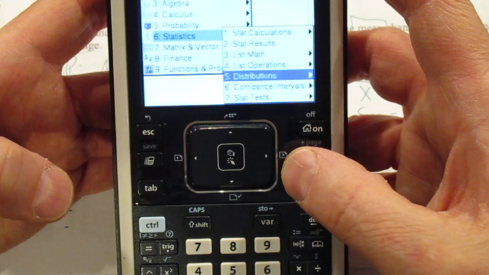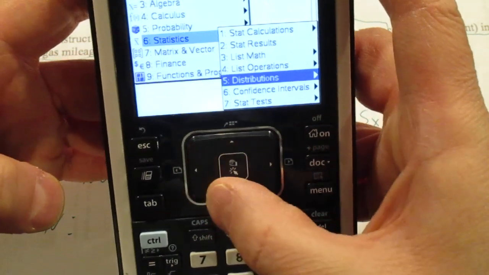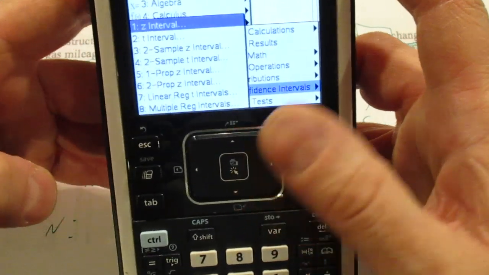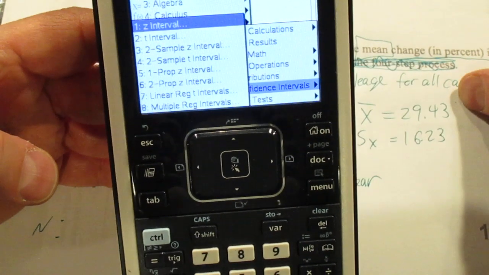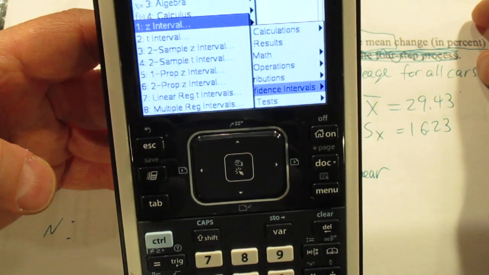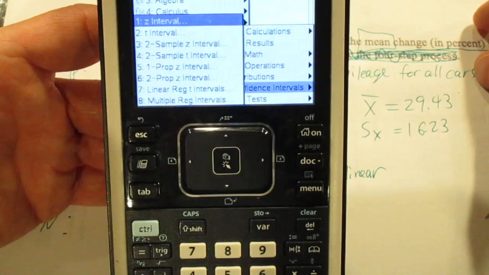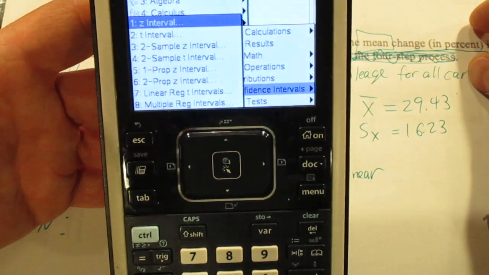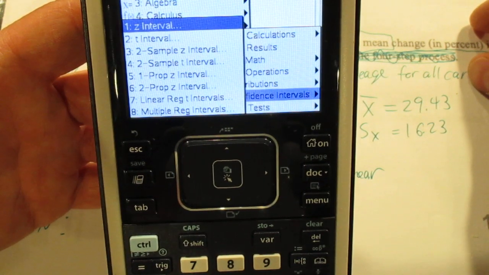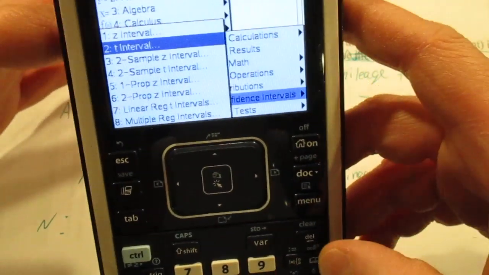So, stats, distributions, confidence intervals. We are doing means, which means we're going to use one of the first 4. Well, we only have one sample, which means we're down to the first 2. It's definitely a T interval, so we're going to use that one.